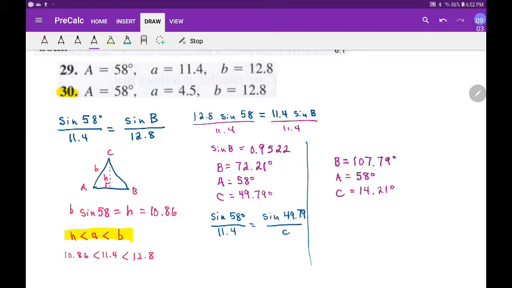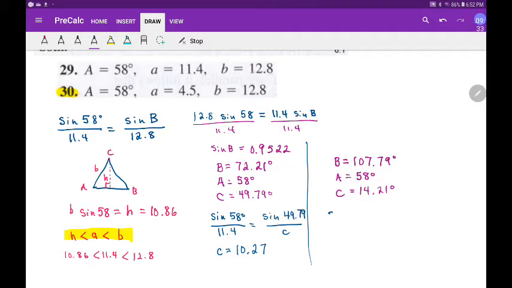So I'm going to spare you writing this all out, and I'm going to say 11.4 times the sine of 49.79, and then divided by the sine of 58, and that gives me a reasonable answer here for C, 10.26, well, 10.27. All right, so this solves for everything. I have all the sides, I have all the angles.